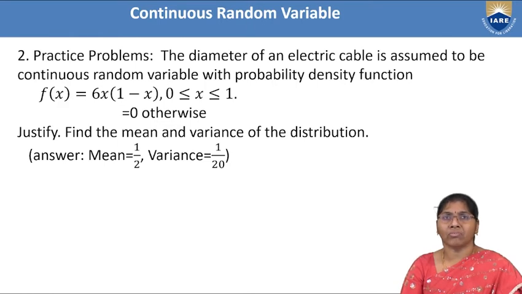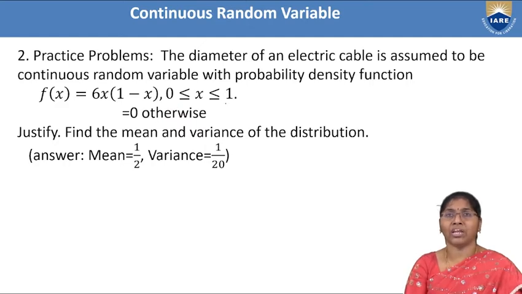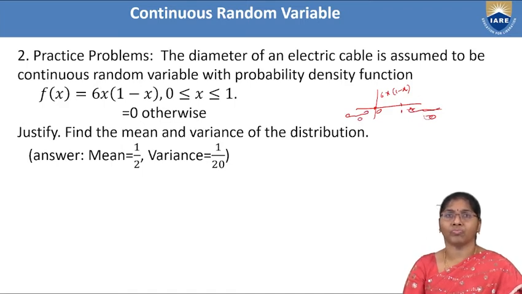The given data is a continuous random variable with the probability density function, f of x equal to 6x into 1 minus x, with limits 0 to 1, and the remaining all are zeros. That means for the limits 0 to 1 it is 6x into 1 minus x, otherwise it is zero.